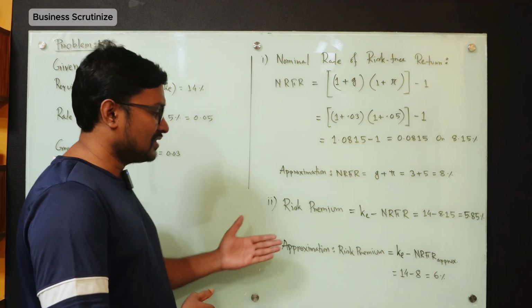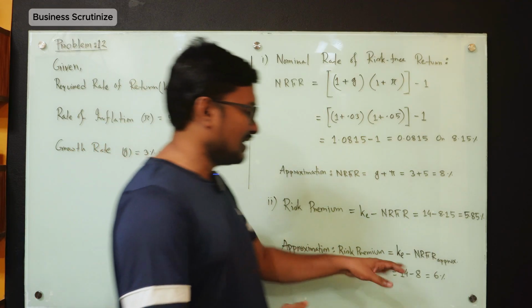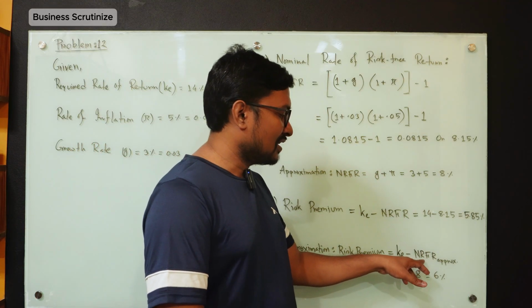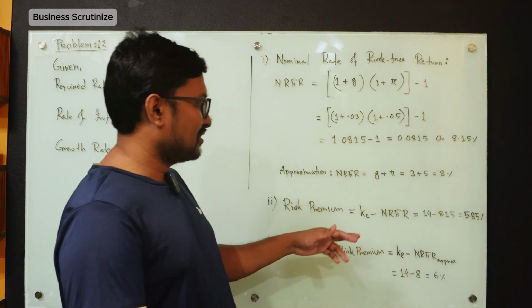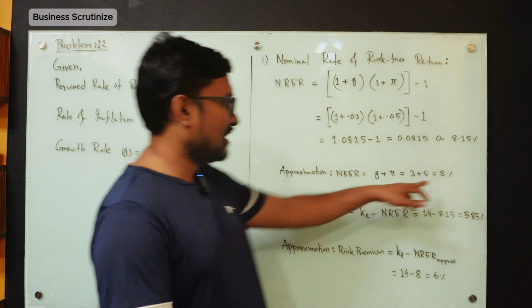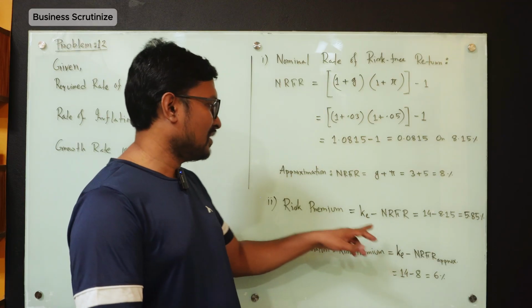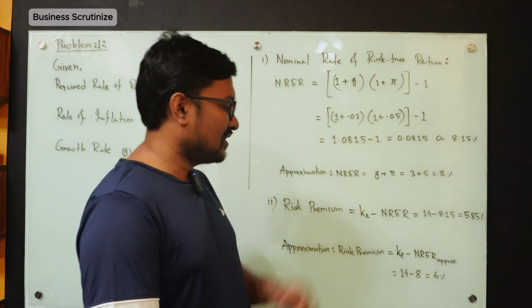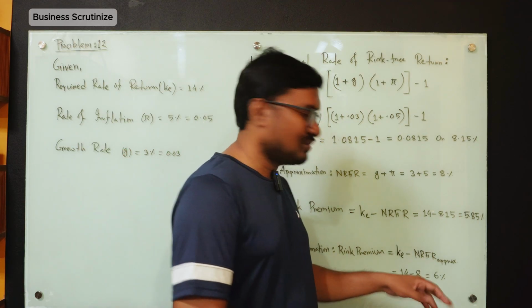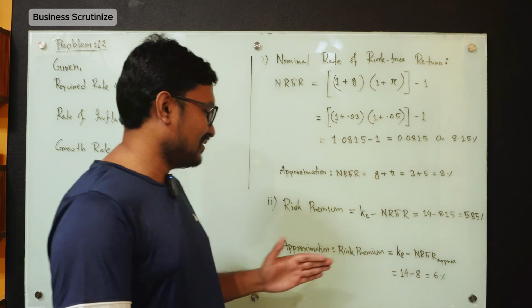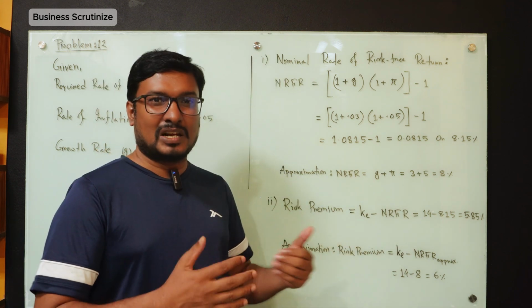Its approximation is the risk premium equal to KE minus the approximate nominal rate of risk-free return, which is 8%. So KE is given as 14% and the approximate NRFR is 8%. 14 minus 8 equals 6%. So 6% is the risk premium as per the approximation.